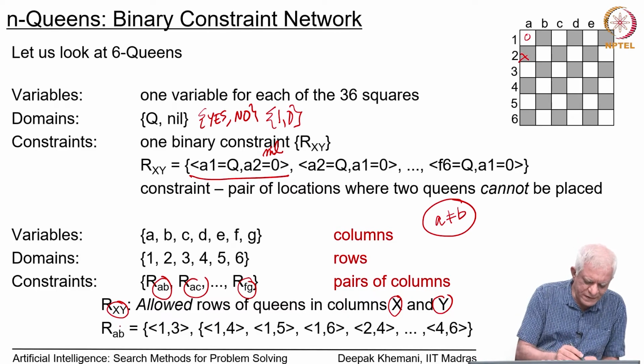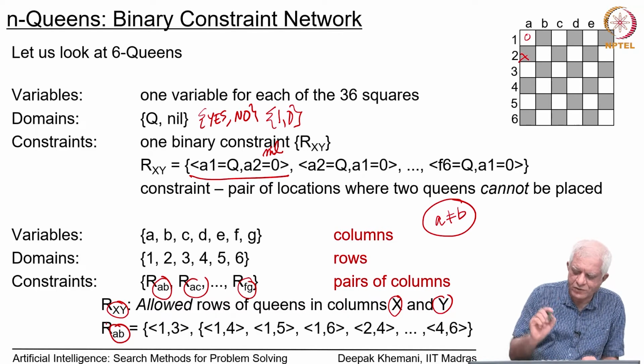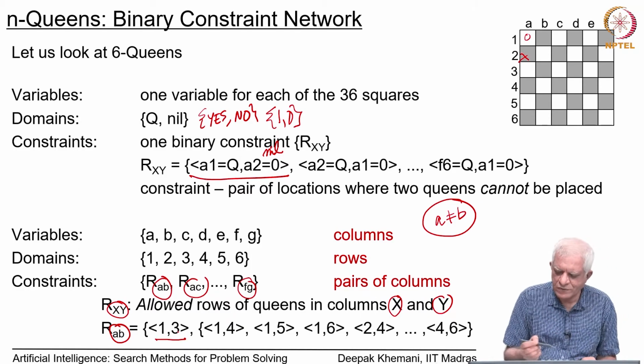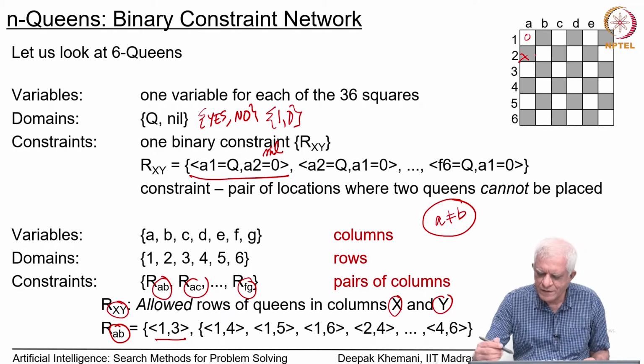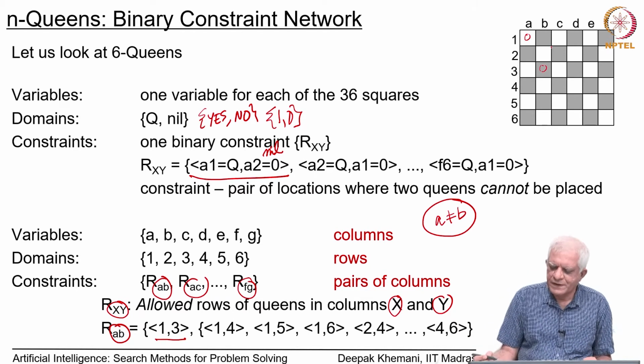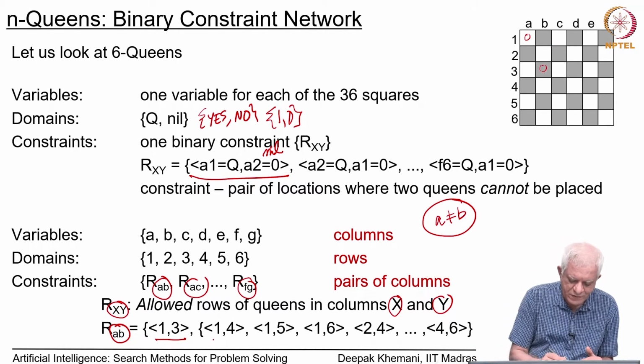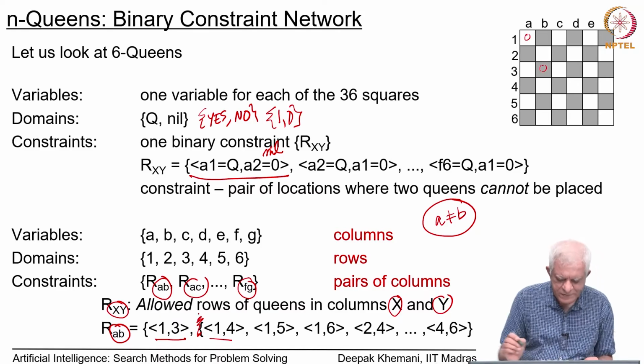So, if you look at the relation between the first 2 queens A and B, this one says that you can place a queen on row 1 and the second queen on row 3. Let me rub that part off. You could have also placed the second queen on row 4.